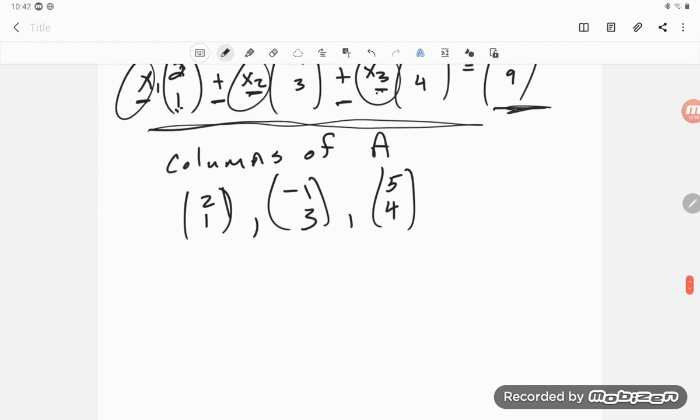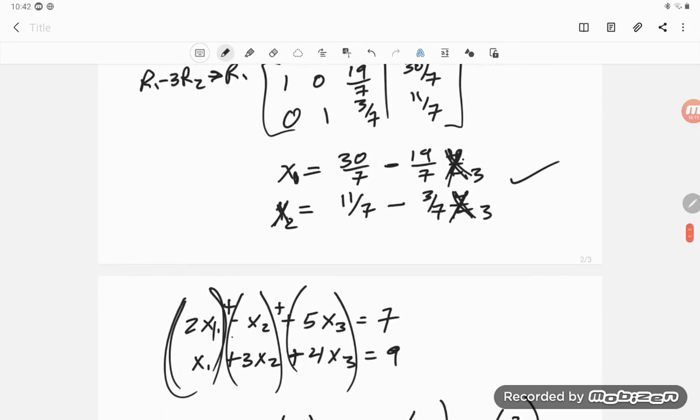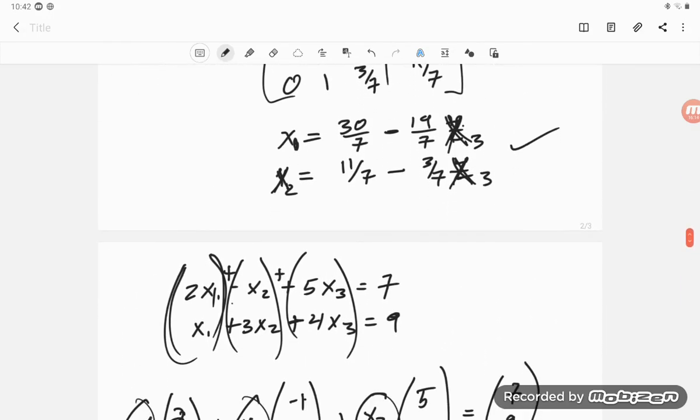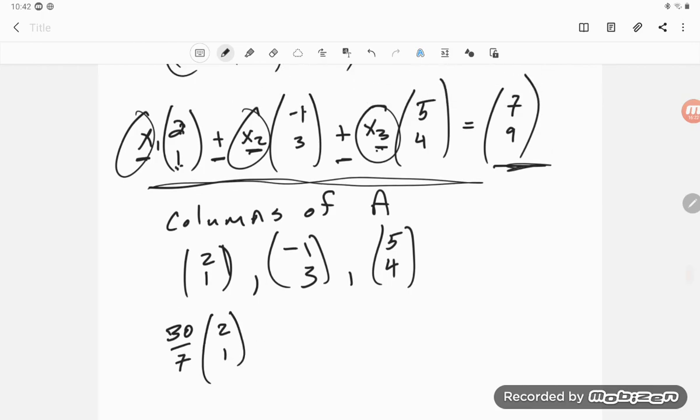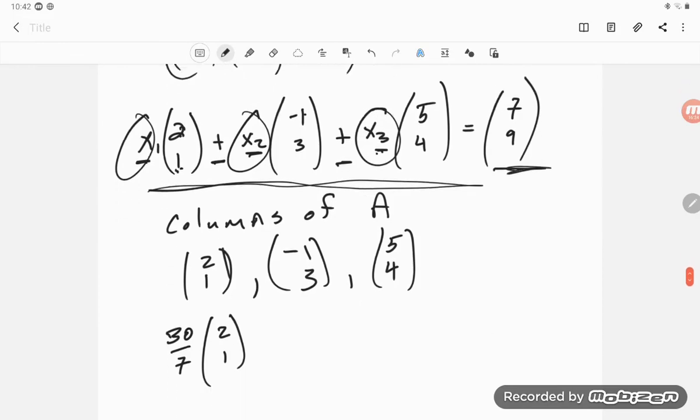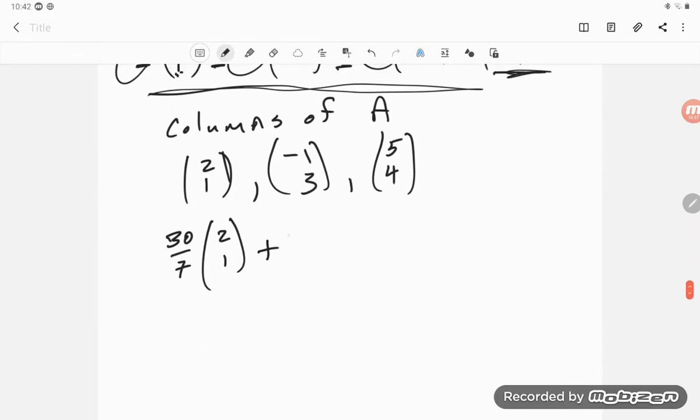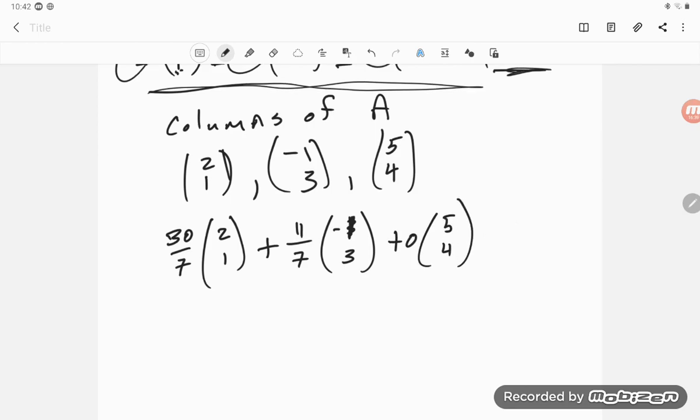But so, one possibility is, let's try that, 30 over 7. So if I take 30 over 7 times 2, 1, and then what's the other one? 11 over 7 of -1, 3, and then plus 0 times 5, 4. What do I get?